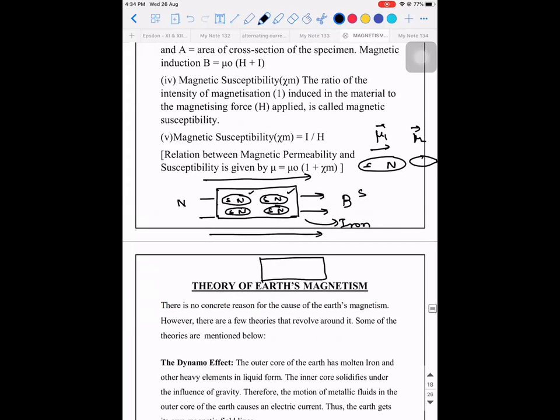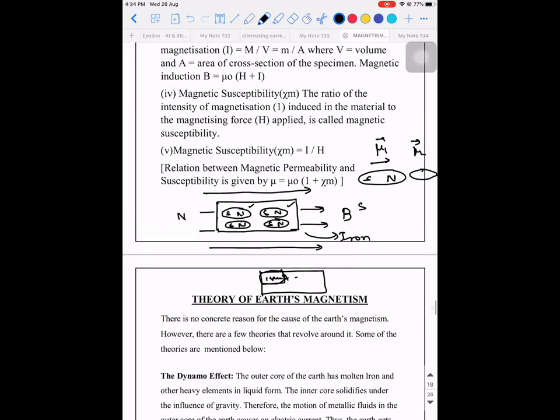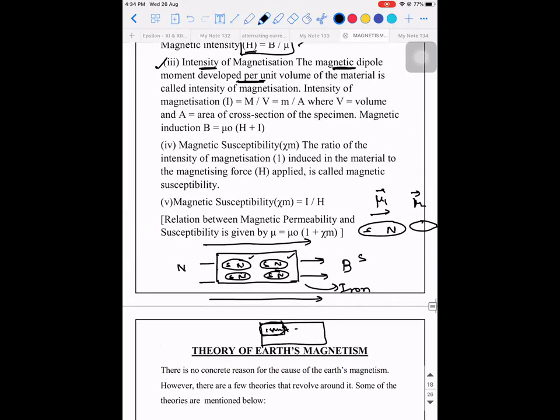Meaning, if I take this particular portion and say this portion's volume is 1 unit, and in this 1 unit of volume there will be some dipole moment, that dipole moment developed per unit volume is the intensity of magnetization. Are you guys clear?